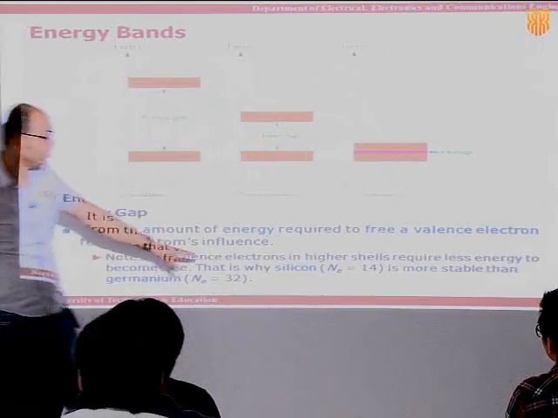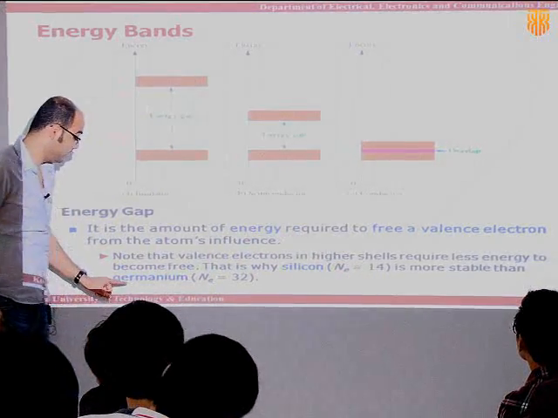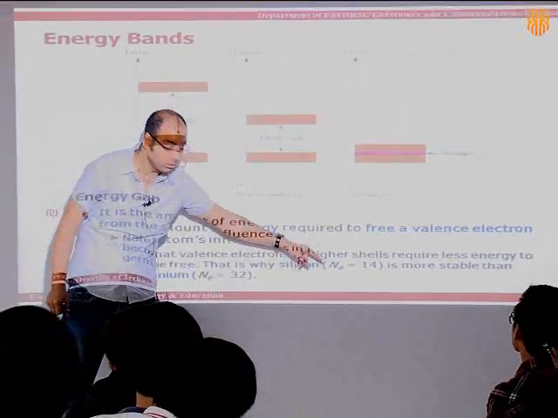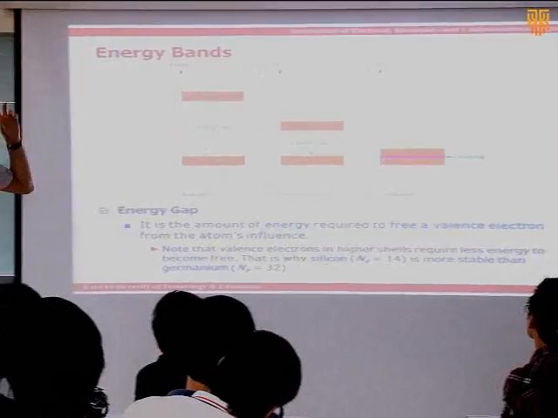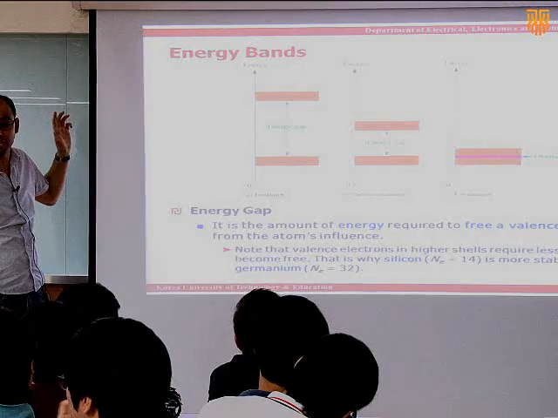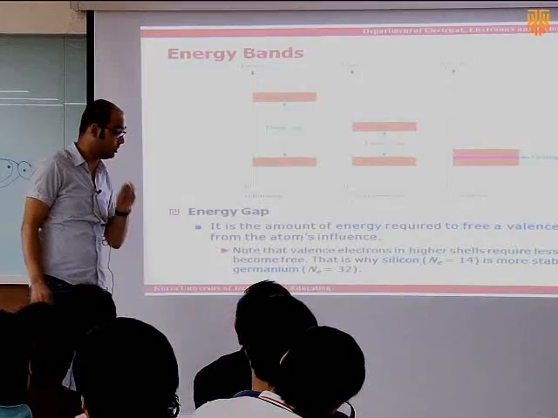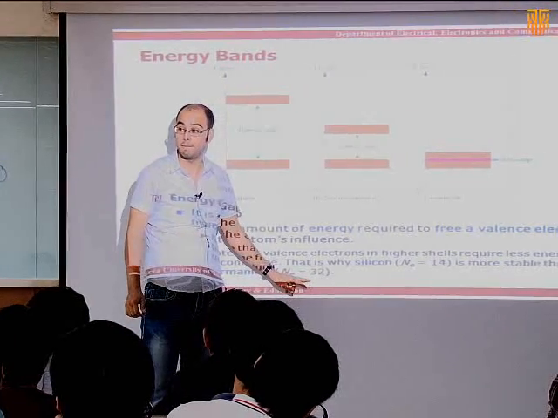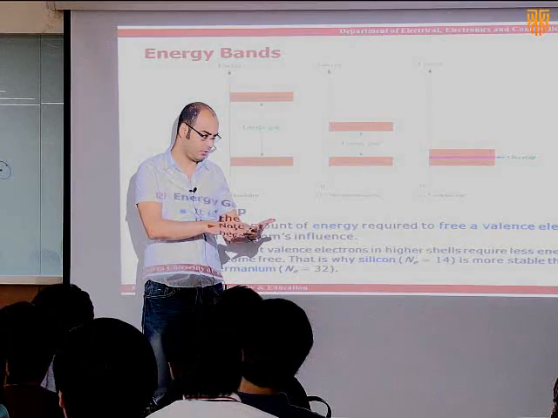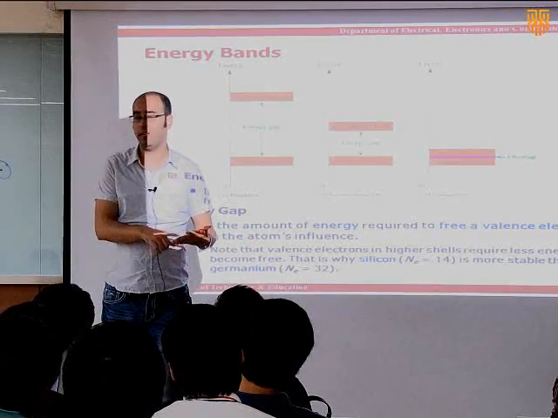So take this example. We have silicon, which has Ne equal 14, and germanium, Ne equal 32. Which is more stable, this one or this one? Silicon. Why? Because it has how many shells? 3 shells, right? And this one has 4: 2, 8, 18, 4.